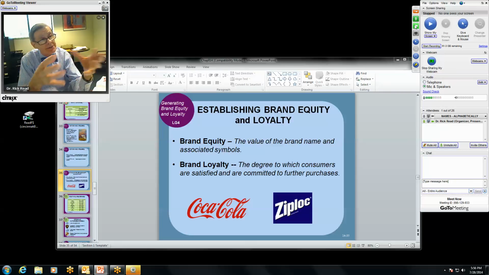That's the equity piece. And brand loyalty is just how often people are going to insist upon purchasing that particular product and take no substitute, and that they will continue doing that time after time. Now, we find that brand loyalty is not quite as high in the United States as it once was.